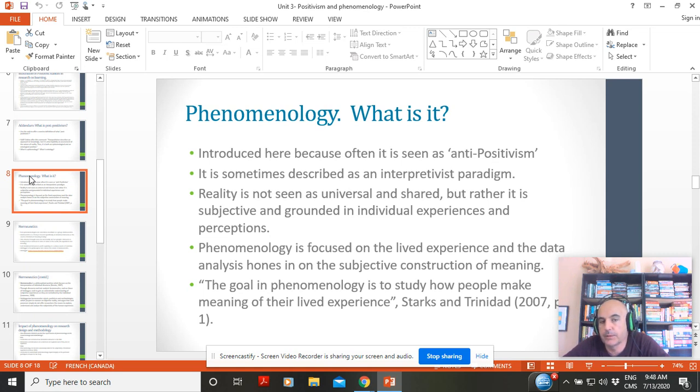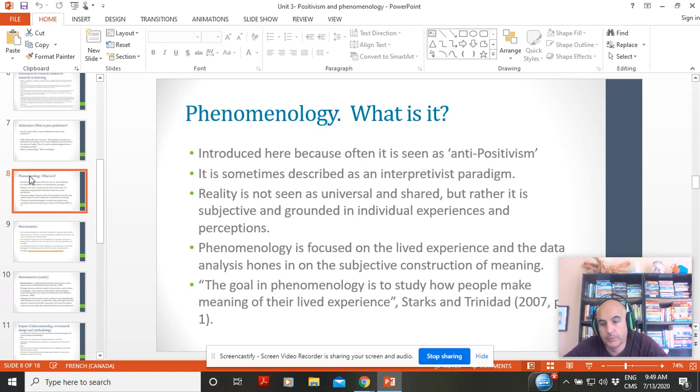And sometimes, to avoid confusion, it's called an interpretivist paradigm, or sometimes it's called interpretivism. So you'll see both. And the reason why people sometimes choose interpretivism, in my view, is because phenomenology is used both as a theory and as a methodology. Often it's a theory that is directly linked to a methodology of the same name, but not necessarily.